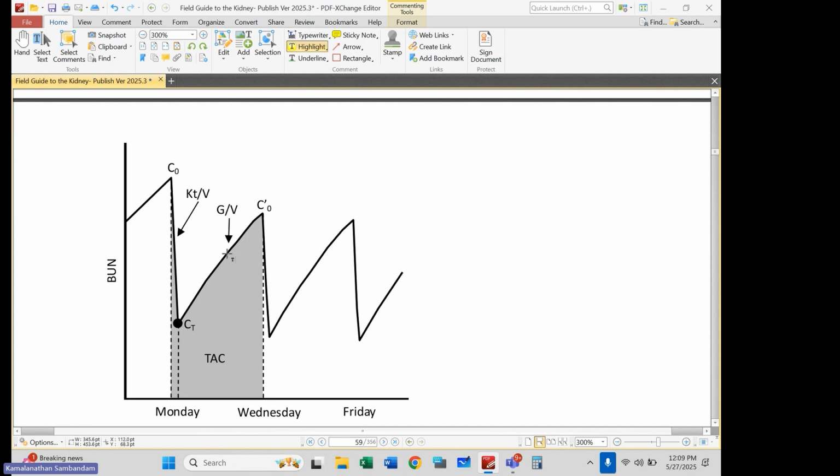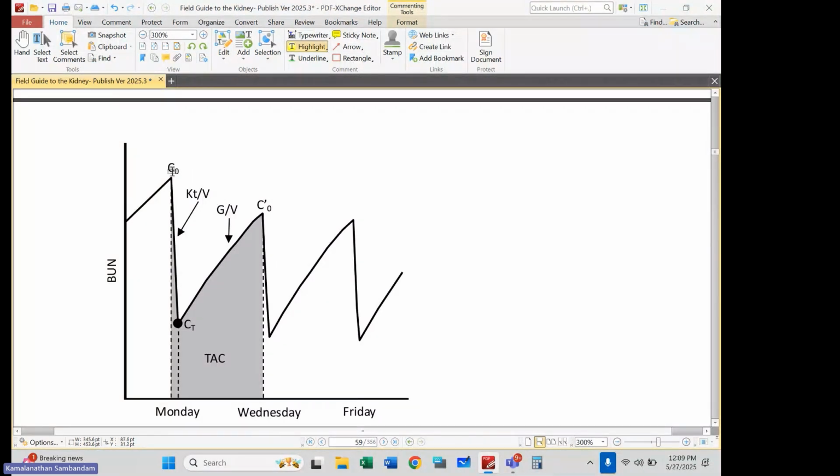The recovery in urea to the start of the next dialysis treatment is a function of, once again, how big the patient is, i.e. the volume of distribution, and then this term G referring to the urea generation rate, which is in large part related to the protein intake of the patient, or if they're catabolic, then that could also increase urea generation.